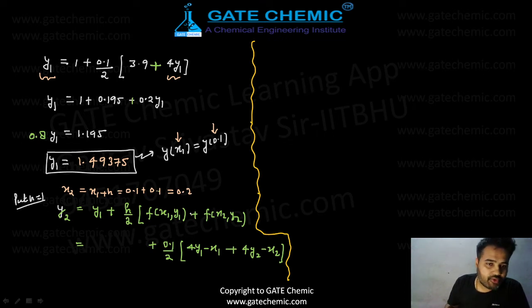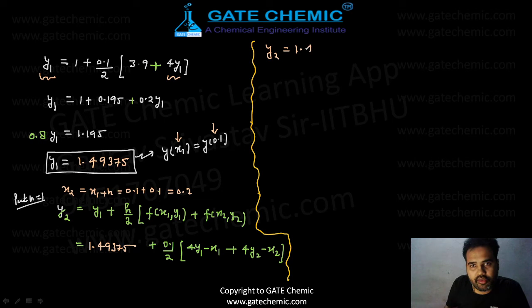Okay, now same formula, and you know the value of y1, 1.49375. This time you are going to write in place of n1. Okay, and after solving here you will get the value of y2 equals to 1.49375, and plus, see here beta, 0.1 by 2 inside bracket 4 into y1, and y1 is 1.49375.